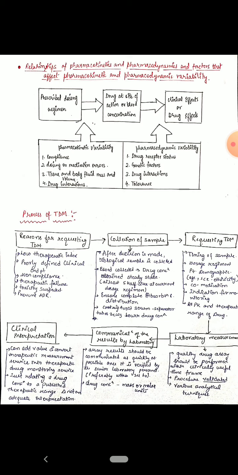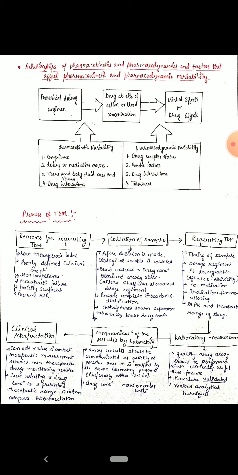Assay results should be communicated as quickly as possible when verified by the senior laboratory person, preferably within 24 hours. The drug concentration can be in the form of mass or molar units.